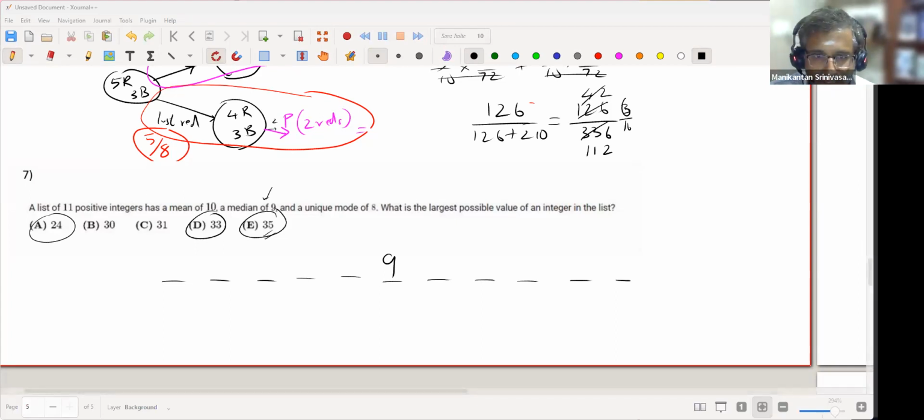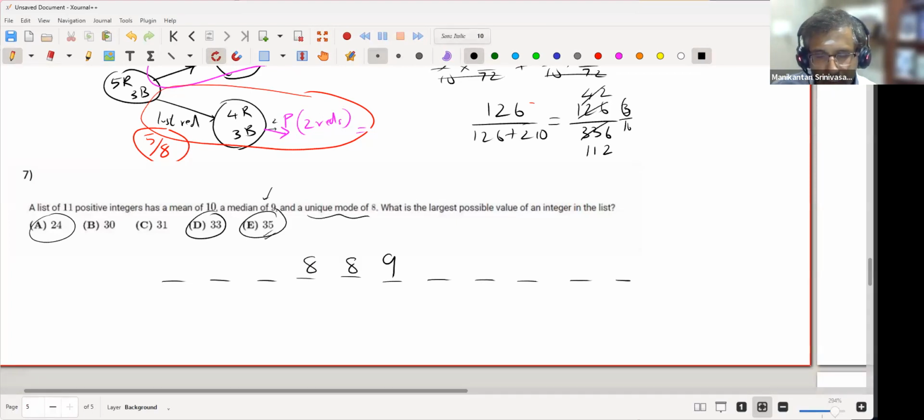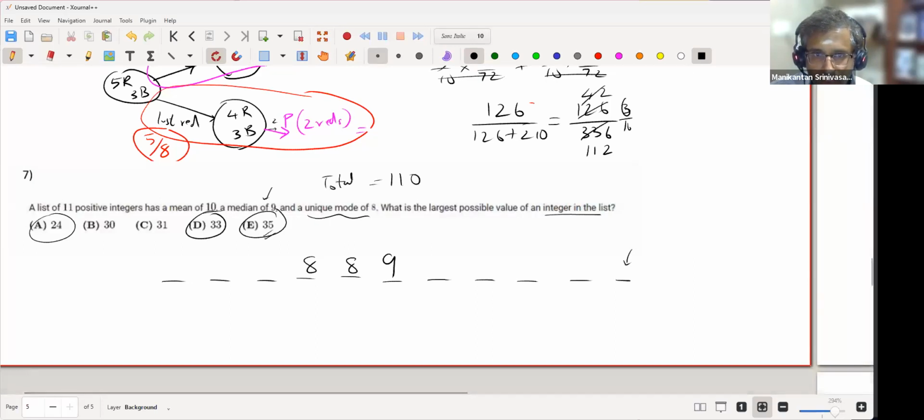Okay, so 9 is at the center, and then unique mode of 8, which means 8 has to appear at least twice because 9 has appeared at least once. And if 8 is a unique mode, 8 has to appear at least twice for it to be the unique mode. Let's say this is ascending order. We want to maximize the last number with a mean of 10, which means the total adds up to 110.